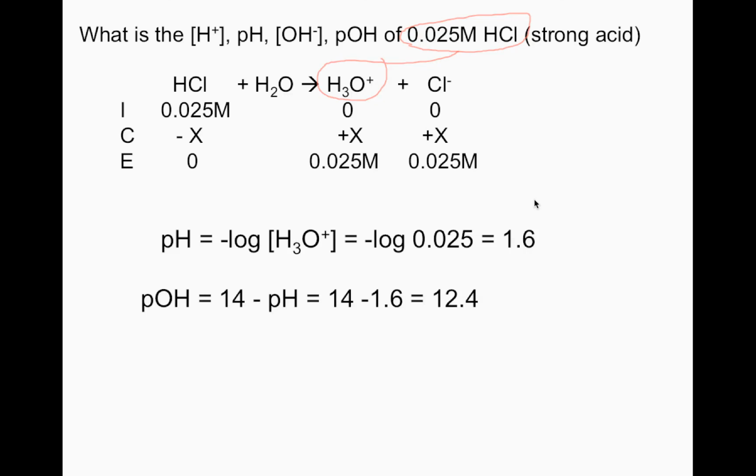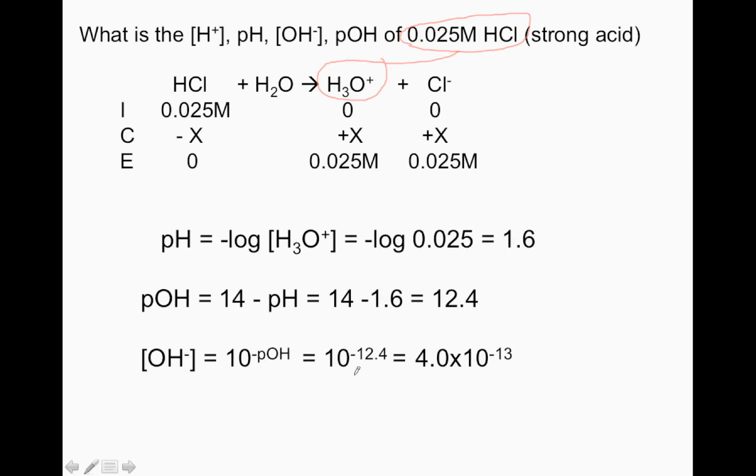Now for the pOH, we just have to subtract 1.6 from 14, and we get 12.4. Now what about to get the hydroxide? I'm going to use this little equation here. If I want to get the hydroxide, all I have to do is say 10 to the negative pOH. Now this is the pOH here, so it's 10 to the negative 12.4. So how do I go from this to this? Well, I'm going to use the antilog.